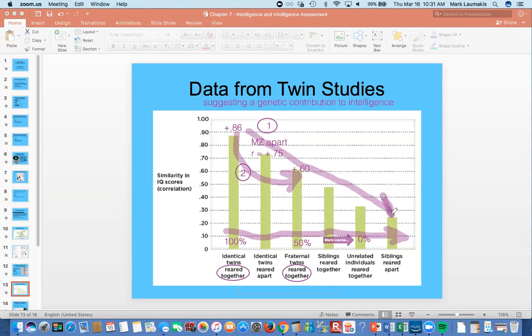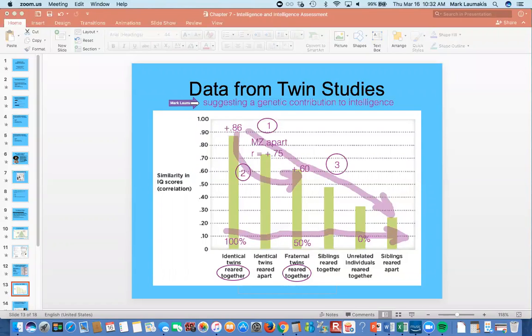They get smaller and smaller. So that general pattern will be the third and final piece here, suggestive of a genetic contribution to intelligence, right? As you become less and less similar genetically, what happens is you become less and less similar in terms of IQ score correlations. That's the third piece of evidence that suggests a genetic contribution to intelligence.